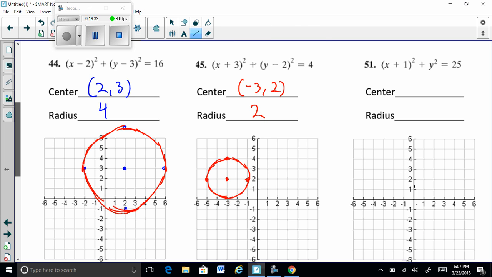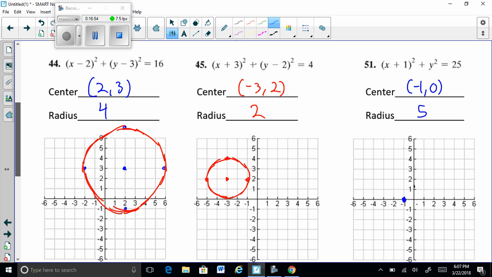So, oops. This one here, this is kind of interesting. So our center is at -1, and then the y, you're not adding and subtracting anything, so it's understood 0. Our radius is 5. So we're going to be at -1, 0.